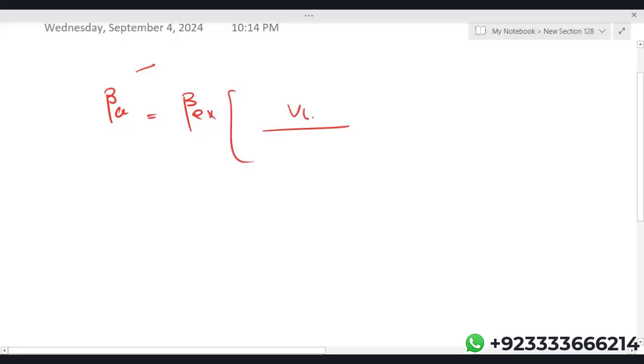Let me write a formula, the beta formula. Beta asset is equal to equity beta into market value of equity divided by market value of equity plus market value of debt times (1 minus tax rate). Almost in every past paper you have seen a formula like this, but you might come across a question in the exam where companies do have a beta debt.